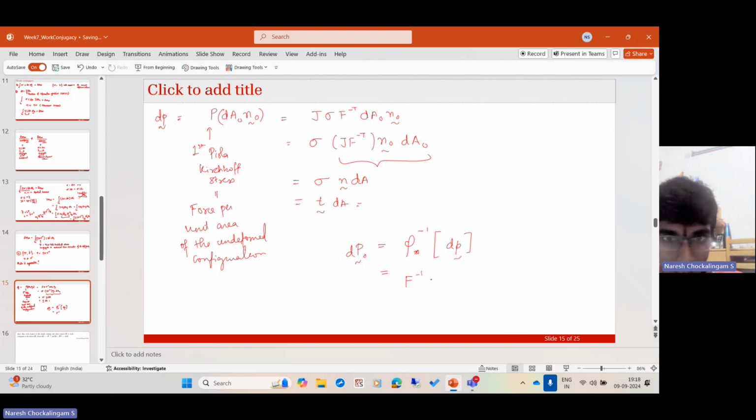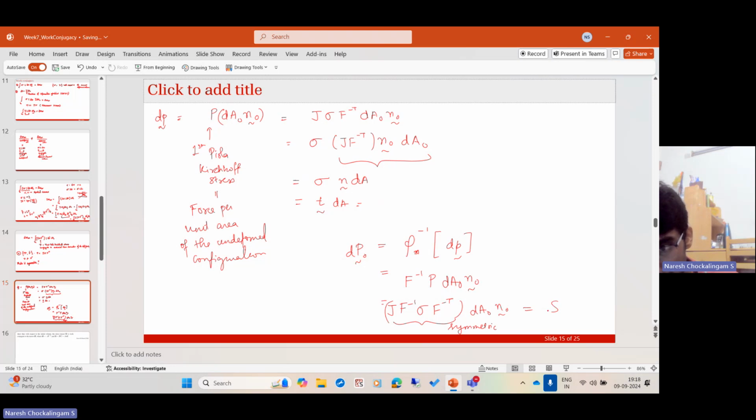So you get F inverse P dA naught N naught. But what is F inverse P? J is a scalar. J F inverse sigma F inverse transpose dA naught N naught. Now this quantity, if you look at it, it is symmetric.